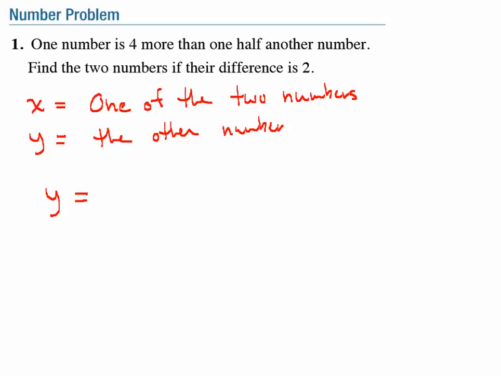So one number, we're going to call it the y, is equal sign 4 more than. Remember, more than works backwards. The 4 is going to be all the way at the end, and then 1/2 another number. Everybody good there? So one number, which is this guy, is 4 more than 1/2 another number.